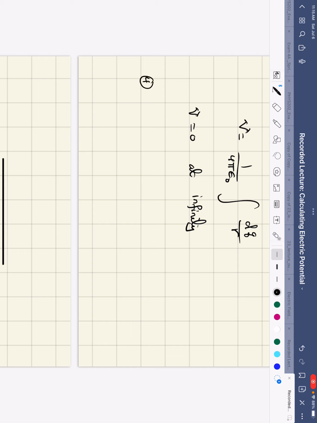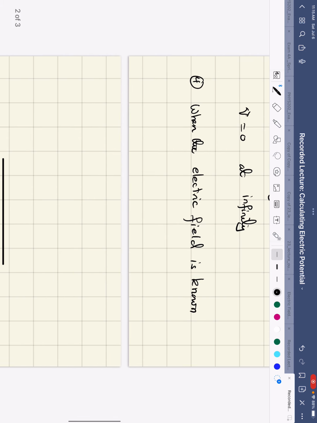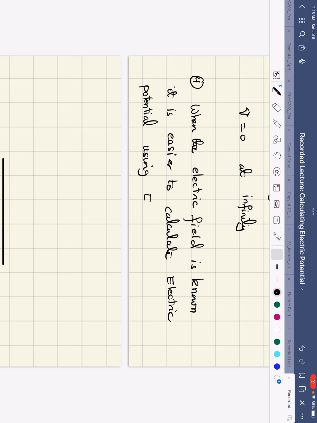Number 4: when the electric field is known, then there is another way of doing it. It is easier to calculate electric potential using the electric field.